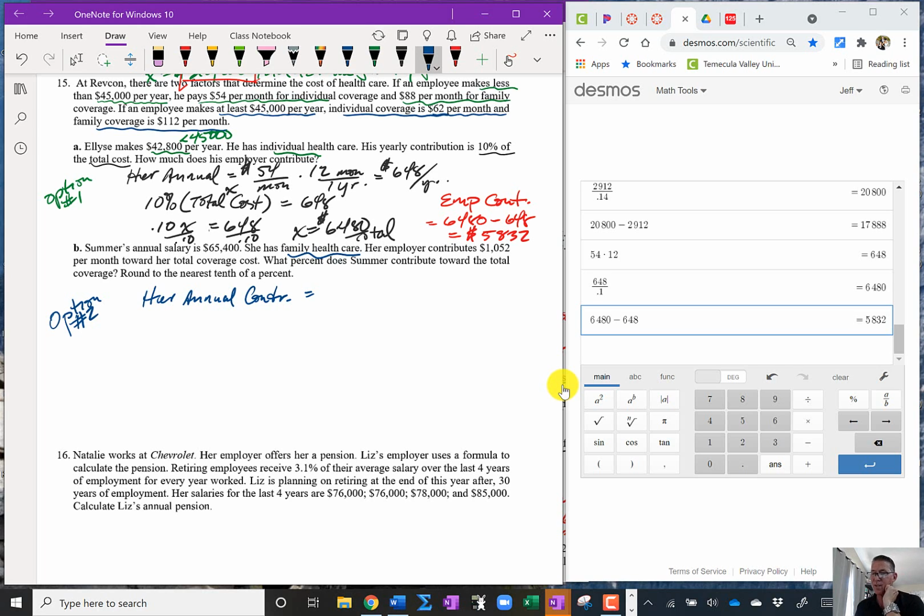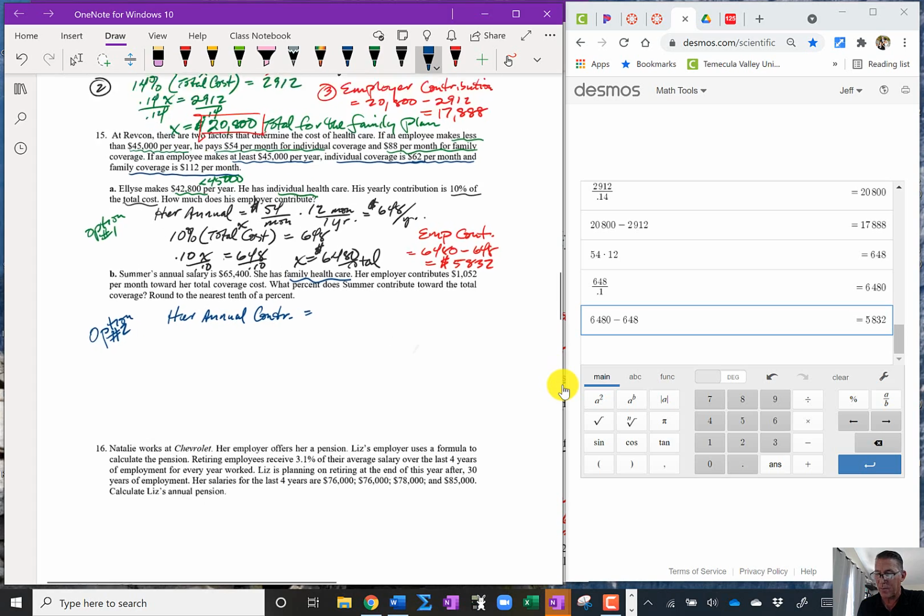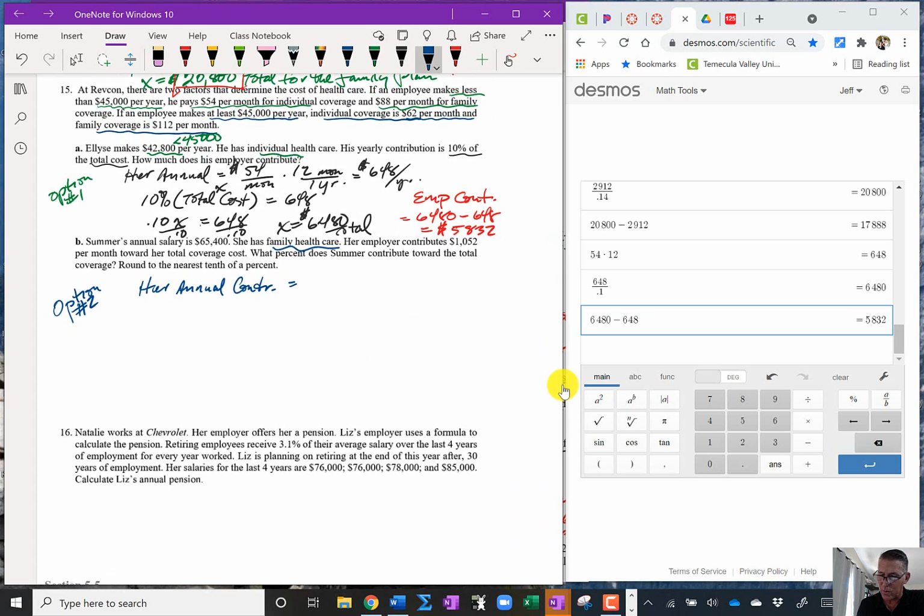To get the total, we need to figure out her annual contribution, and then her employer's annual contribution, because we're not given a percentage here. Then we can get the total by adding them. So step 1, her annual contribution. If she wants family health care, the magic number here is $112 per month.